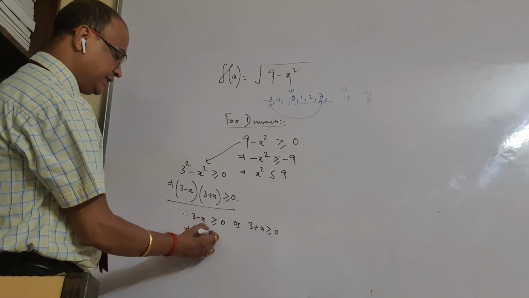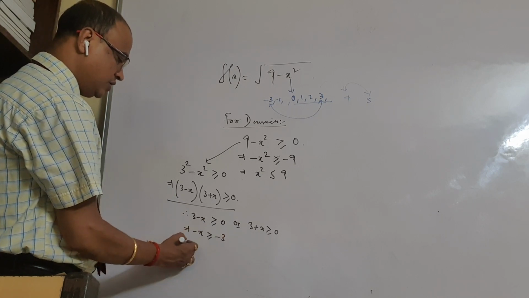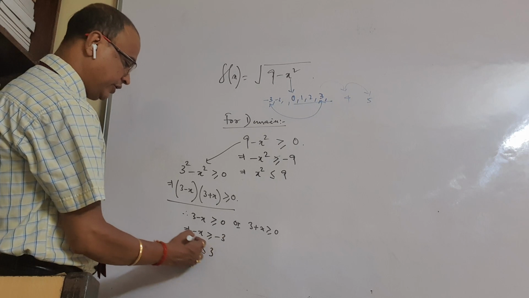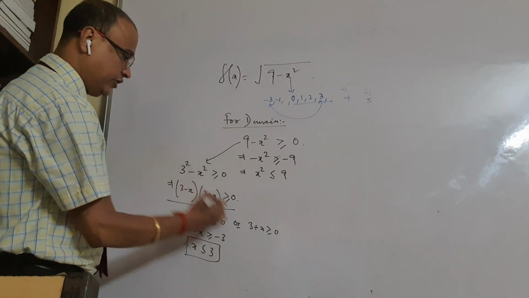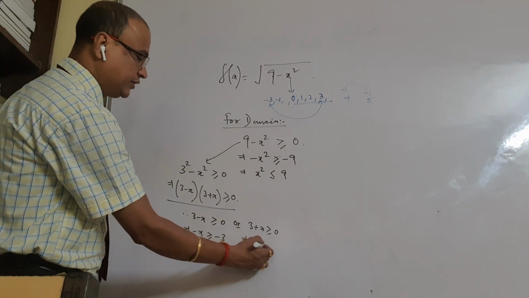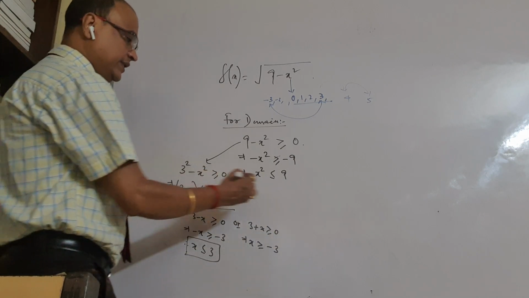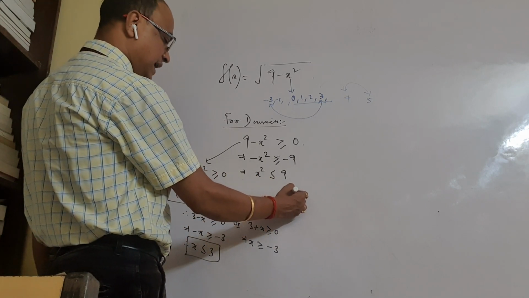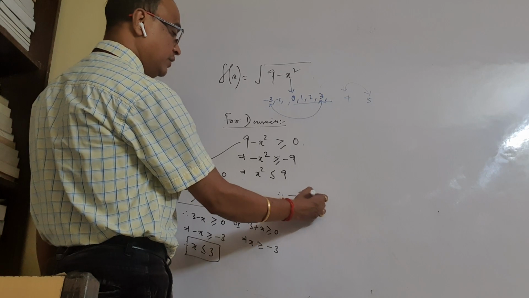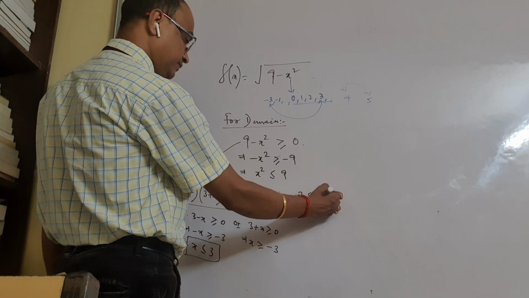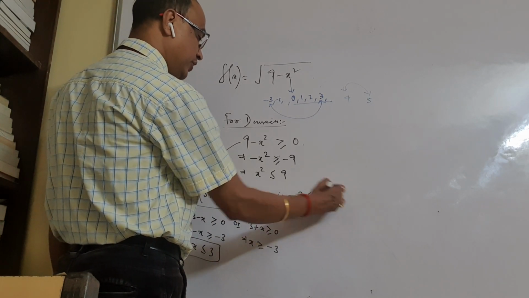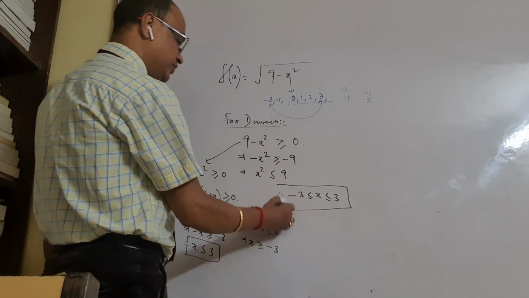So from here minus x is greater than or equal to minus 3, or x less than or equal to 3. So the values of x should be less than or equal to 3, and from the other it comes x greater than or equal to minus 3. So that means the values of x should lie minus 3 less than or equal to x less than or equal to 3. It should lie in between minus 3 to plus 3.